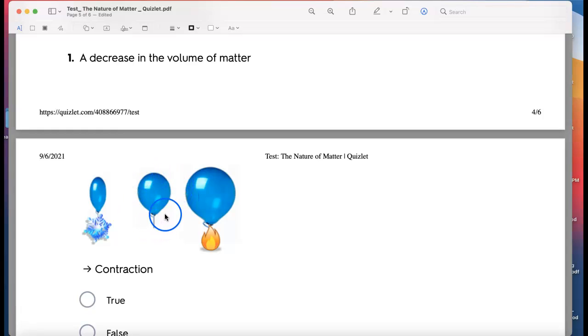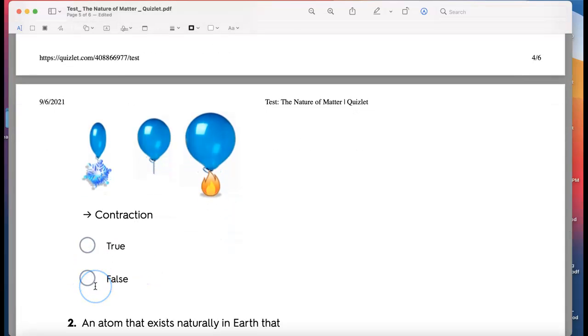You have a balloon in normal air, not too hot, not too cold. And then you have a balloon that's near hot or heat. And you can see the difference in the shapes. So again, let me read the question. A decrease in the volume of matter. Is that called contraction? Is this true or false?